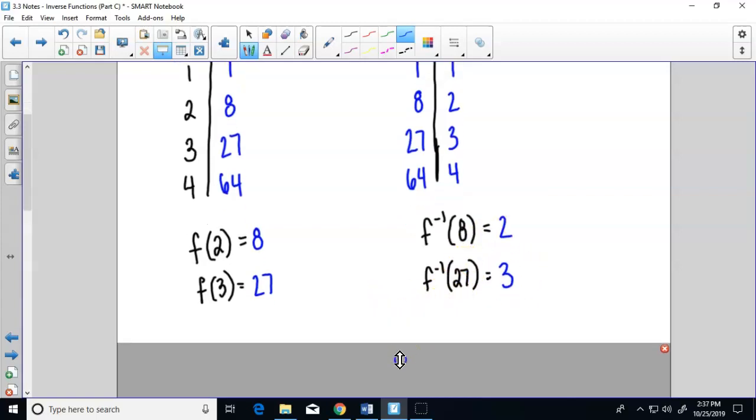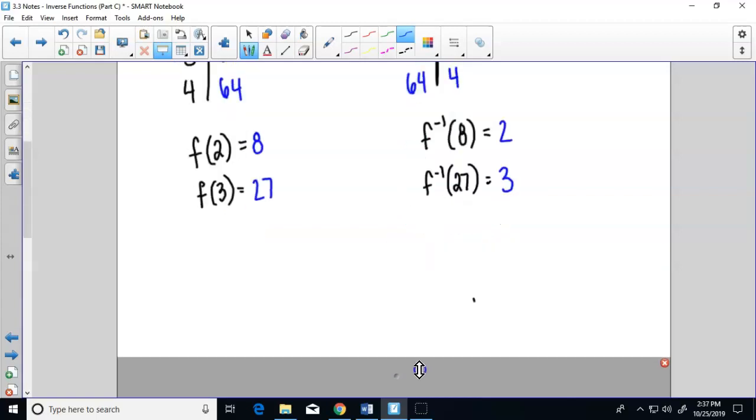And I drew one of these yesterday. This is called a mapping diagram. It doesn't seem very mathematical to me, but they do help me picture things. So if you have the number 2, f is a function and it takes you over here and gives you 8. So whatever the rule is for f, in this case just cubing the number, f takes you to 8.